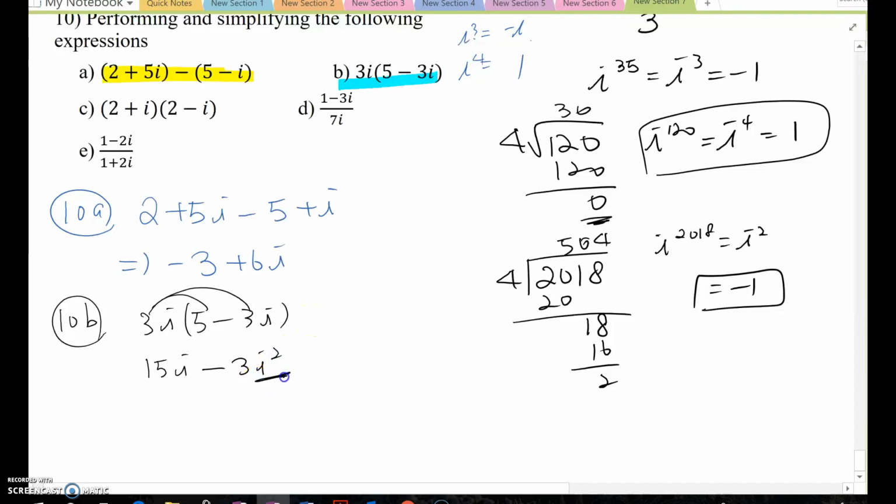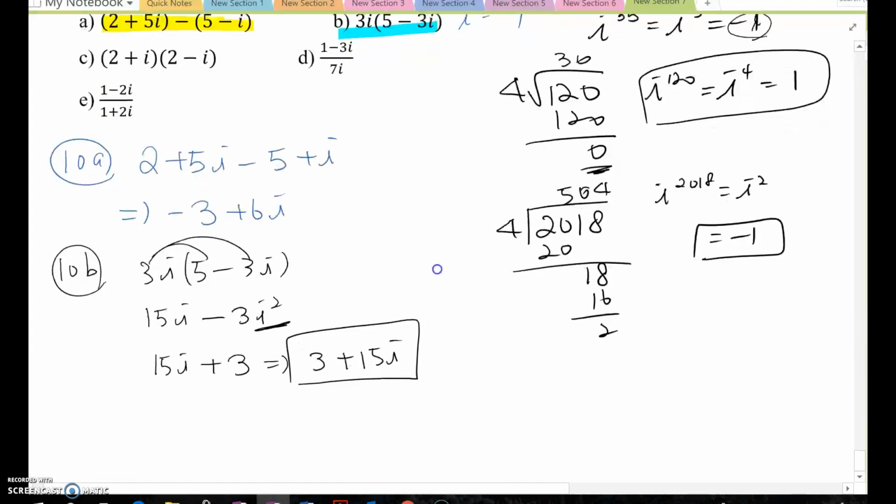Now, i squared was negative 1, right? Therefore, 15i plus 3. So, 3 plus 15i.